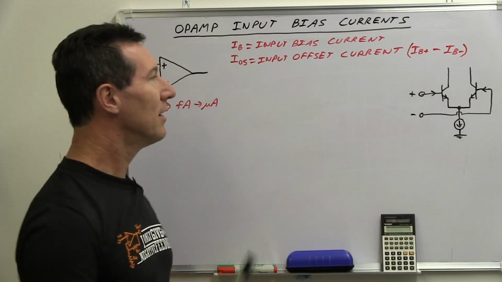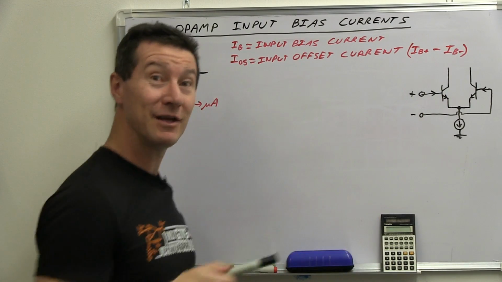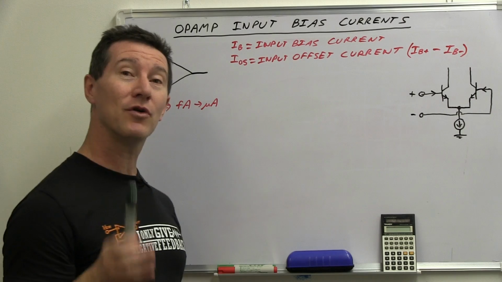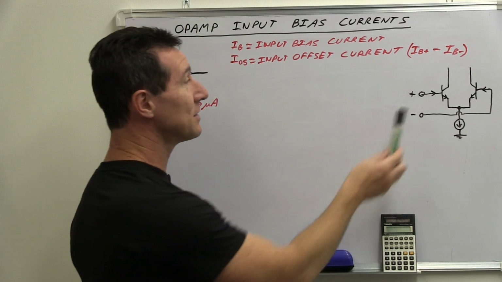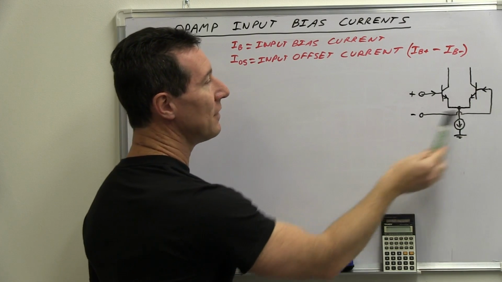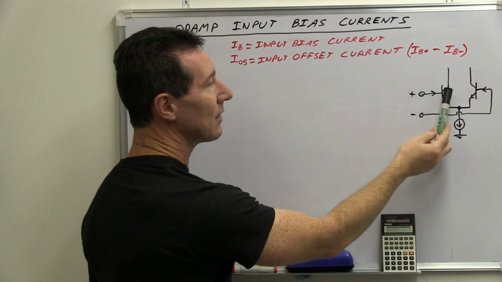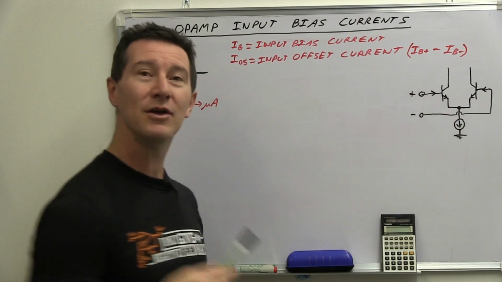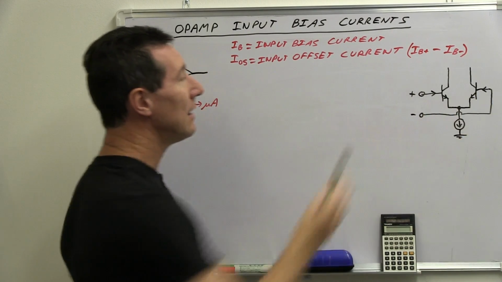It's a current mirror configuration, and I won't go into any significant detail of input op-amp architecture. That requires a whole separate video, but suffice it to say, these inputs are connected directly to the base of these transistors here. Your positive and negative input on your op-amp goes into these transistors. So naturally, you're going to get some base current flowing in there and in there as well.